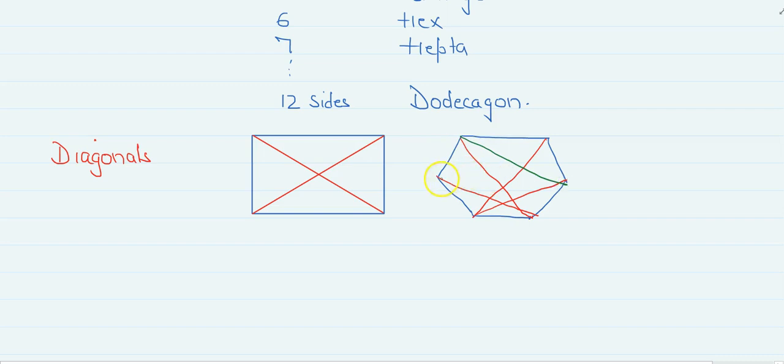If you join all the opposite vertices, you will find these are all the possible joinings of the opposite vertices. So these are the vertices. If this vertex is joined to this one, this is called a diagonal. This is a diagonal. This one is a diagonal.